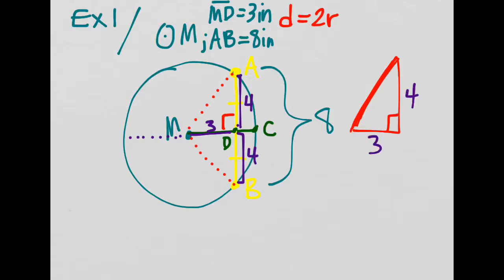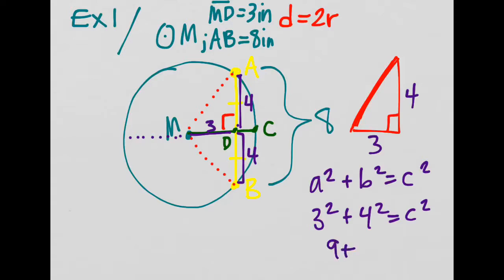Think back to your Pythagorean triples. If you want to apply the whole Pythagorean theorem, you can. A squared plus b squared equals c squared. And we would have 3 squared plus 4 squared equals c squared. You get 9 plus 16 equals c squared. We would have to take the square root of both sides.